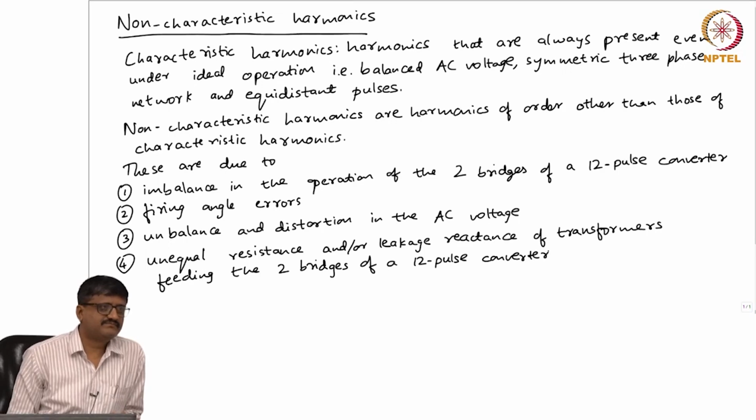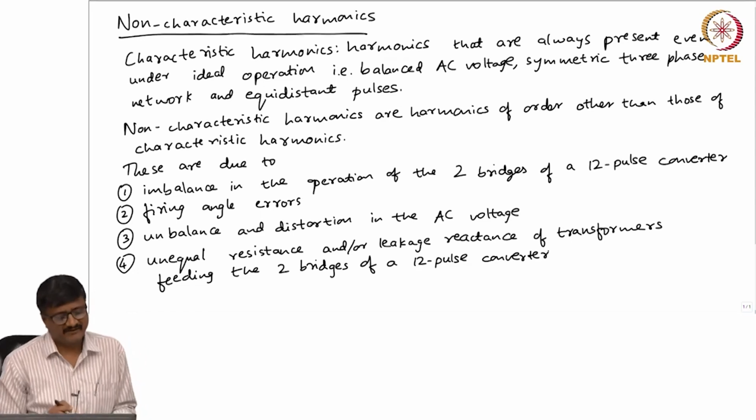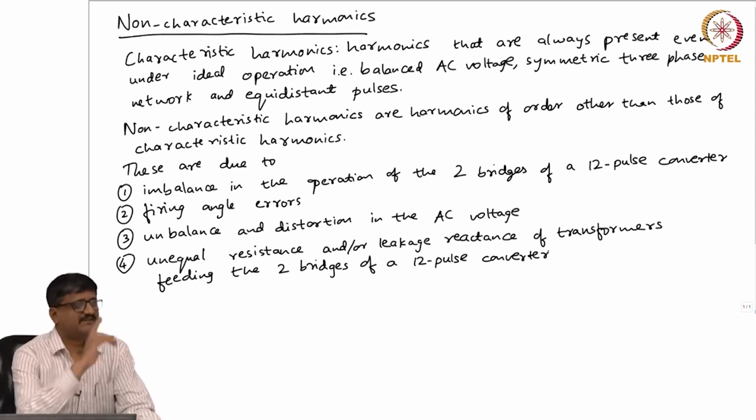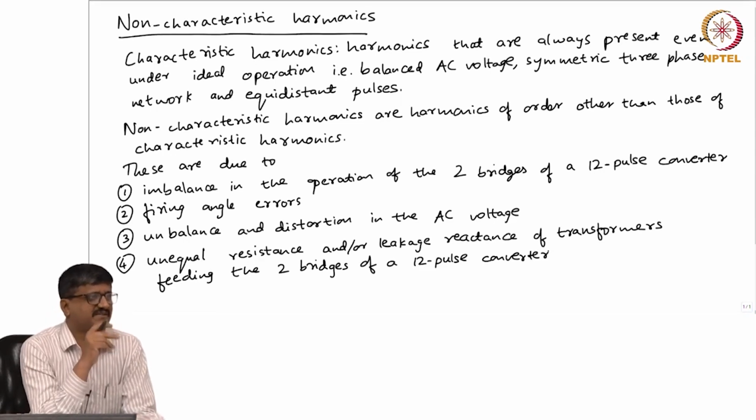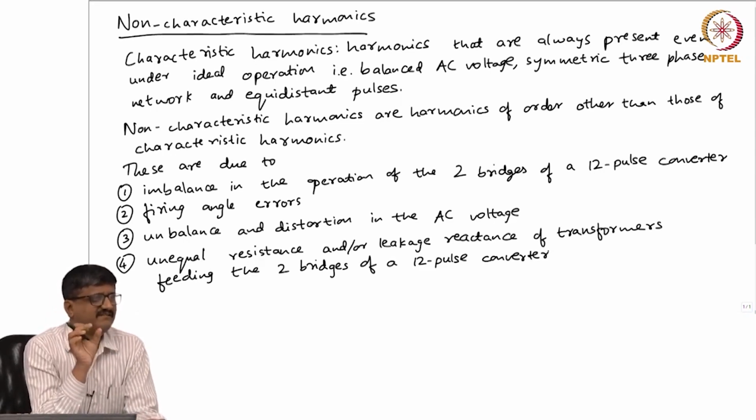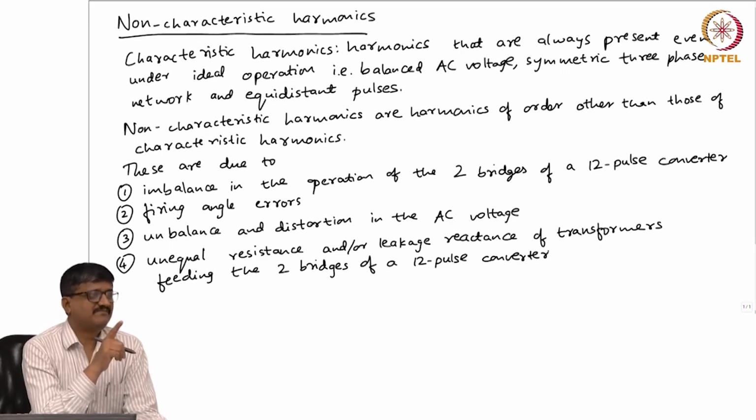And one more question was that we are seeing unequal resistance and leakage. Since it is root 3 times the other one, it's almost like double the number of turns, so the length is double. See, I made one assumption. You recall when I stated this assumption? I assumed that the resistance and leakage reactance are the same.